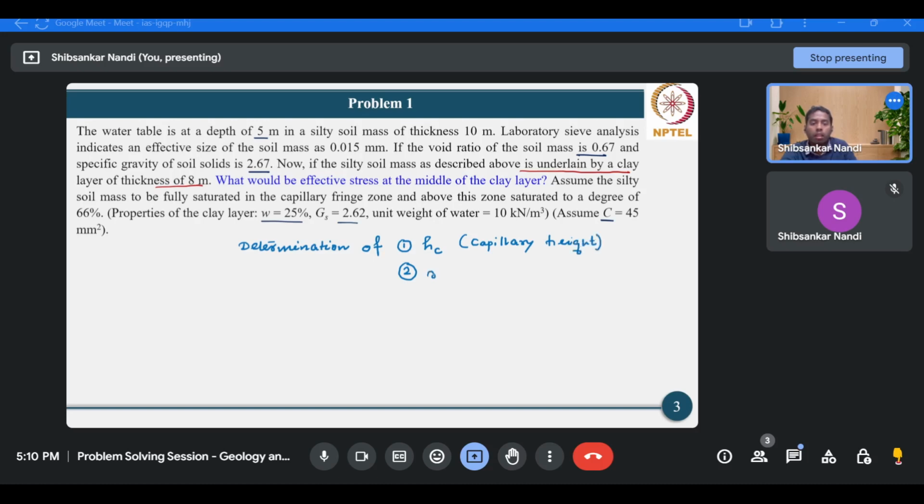Then gamma bulk and gamma saturated. So this would be for silty soil, and at the same time gamma saturated only for clay, because the clay is under full saturation.